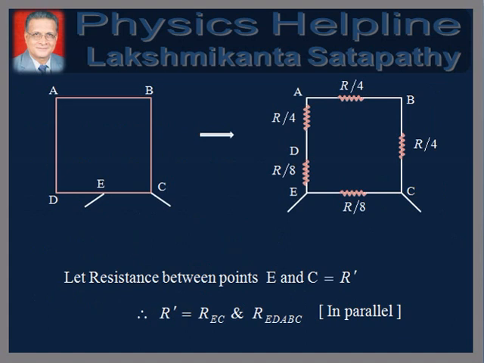The figure shows how a series parallel network can be obtained from the given square wire. Let the resistance between the points E and C be R dash. We are required to find the value of R dash.